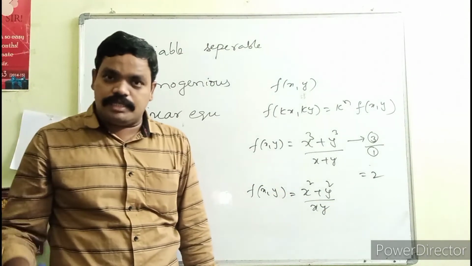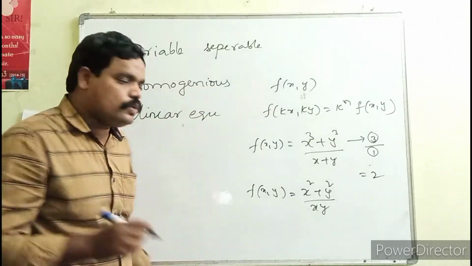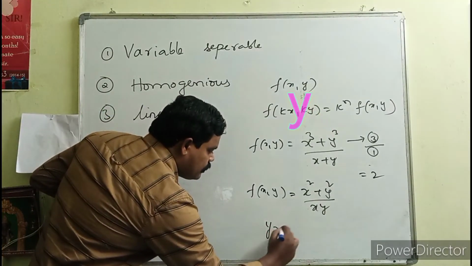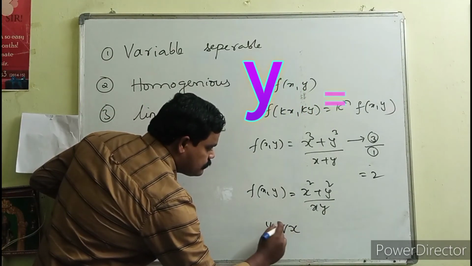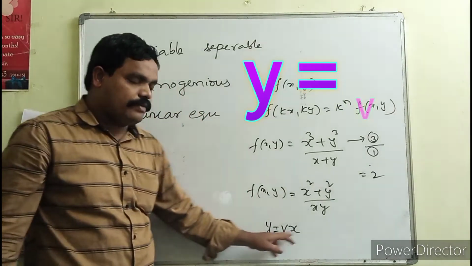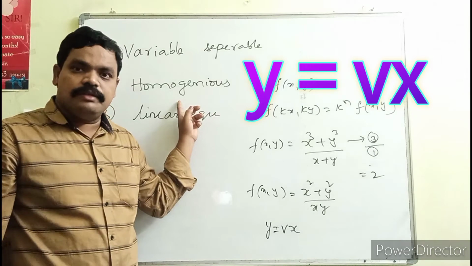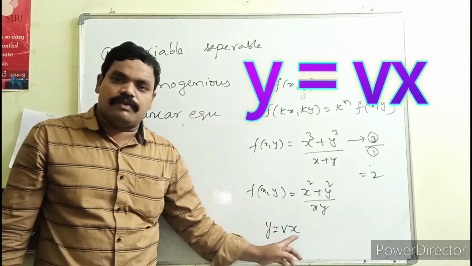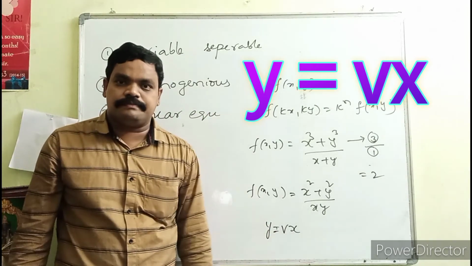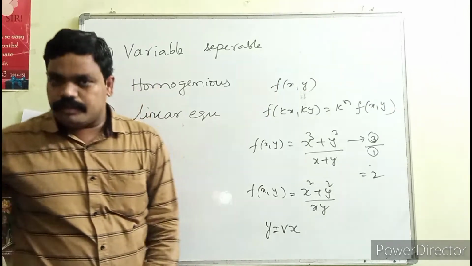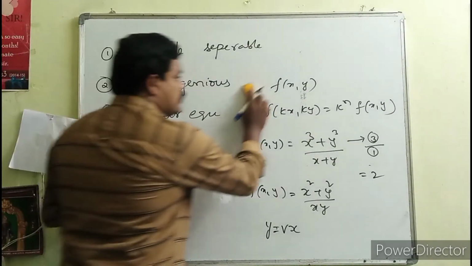In this type of homogeneous equation, we assume y equal to Vx. In the homogeneous method, we substitute y equal to Vx. The last one, what about the linear equation?